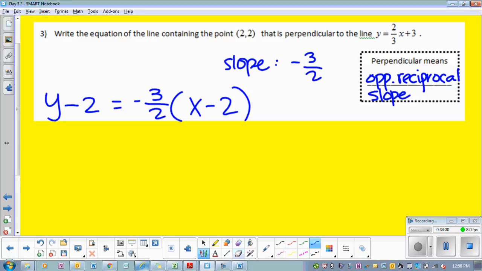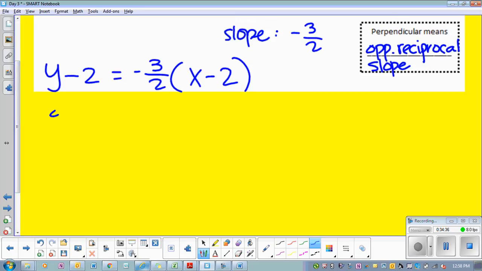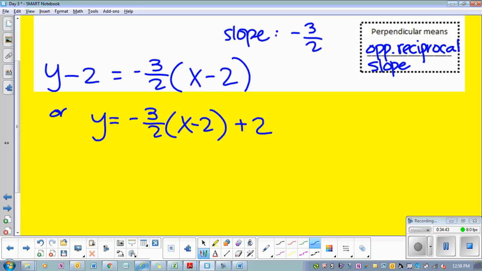My x number is also 2. So you could write it this way, or you could write it this way. And if they ask you to list the transformations, I would write it this way, the y equals, okay? Or just change it to that so you could tell me the transformations.